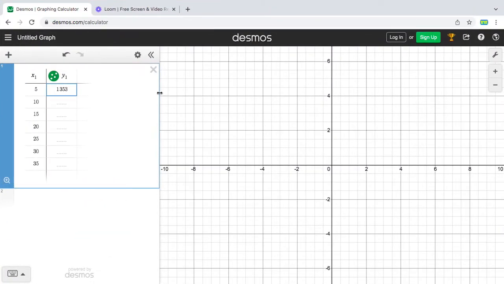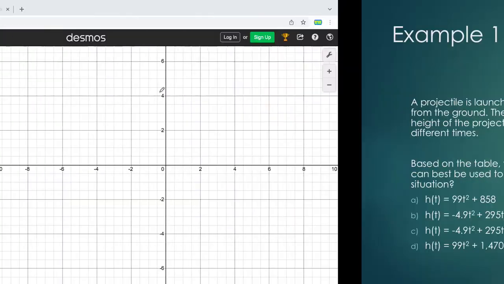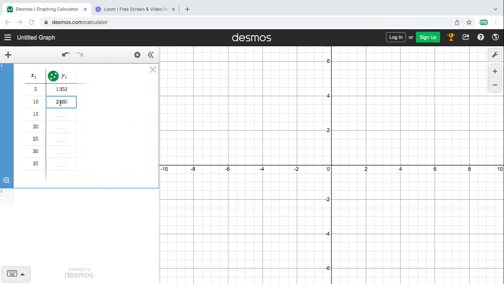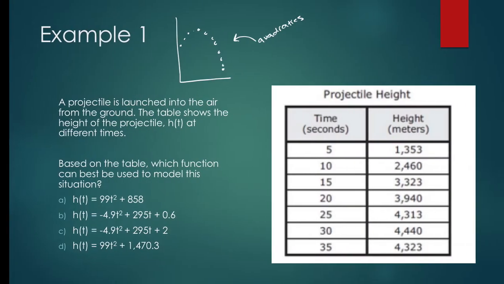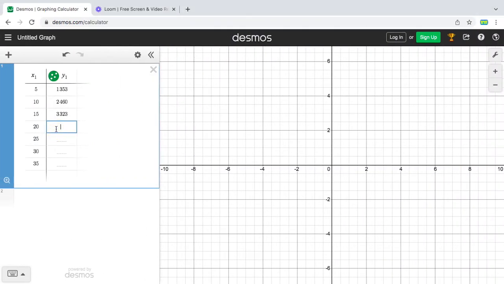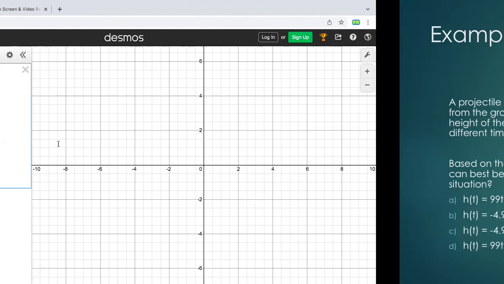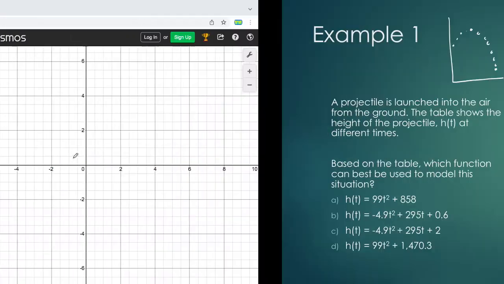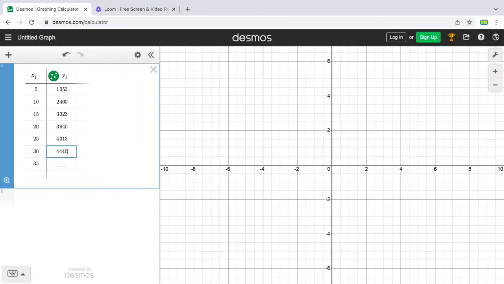I can actually just go. 2,460. 3,023. 3,940, 4,313, 4,440, 4,323. So notice my x and my y both have 1 as its subscript.